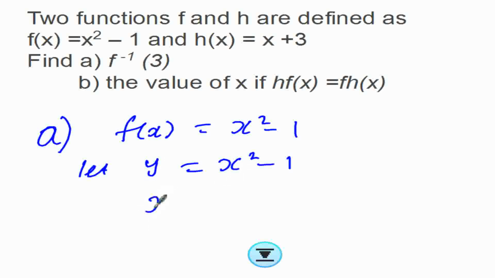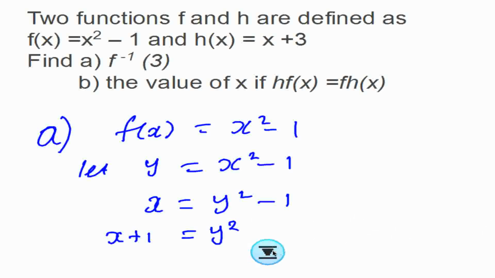So this will be x is equal to y squared minus 1. And then the next step is making y the subject. So making it the subject will bring what is known to this side. For example, this negative 1 should come this side, and since it is crossing the equal sign, it will become positive. So we shall have x plus 1 is equal to y squared.